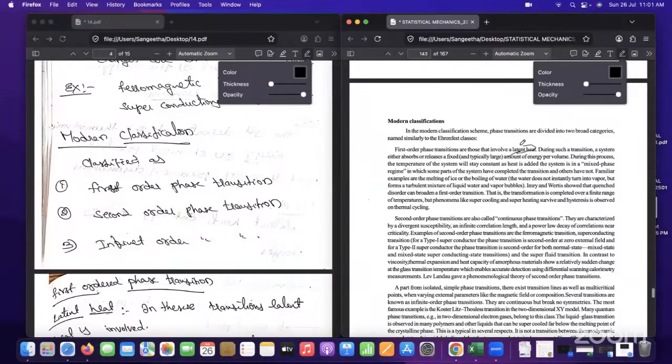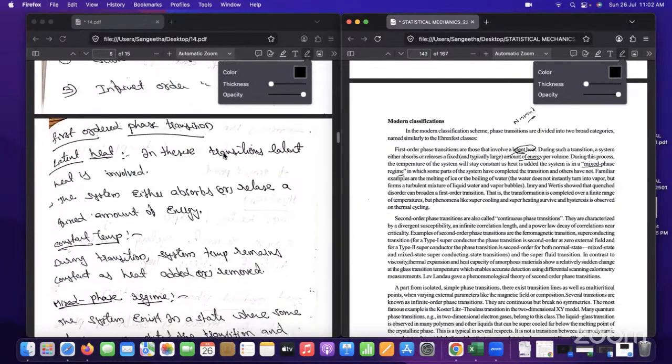These transitions take place with some amount of energy. What happens here? It is changing from normal state to mixed state. Some heat is added, so it is changing from normal state to mixed regime. Next, mixed to abrupt changes. We will see that here.